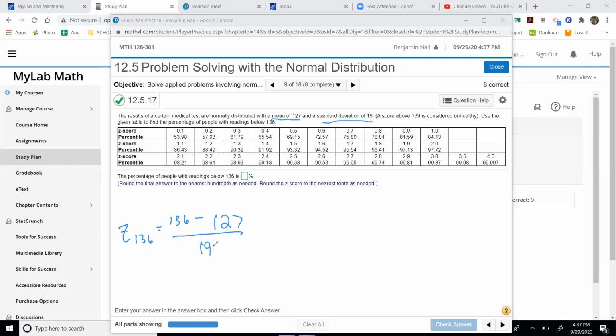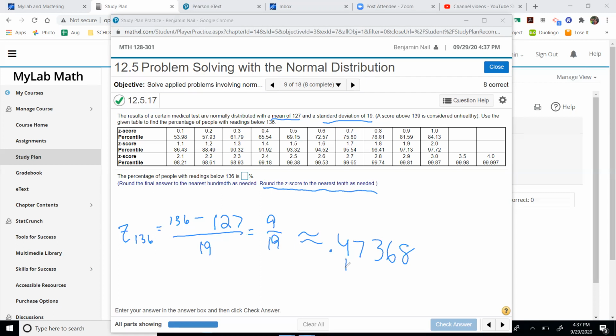So if we take our data item of 136 and subtract the mean of 127, that gives us 9. Divide by the standard deviation of 19, and we get about 0.47368 for a z-score. Also pay attention, they want us to round our z-score to the nearest tenth.